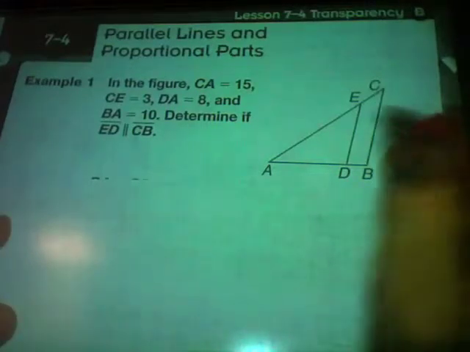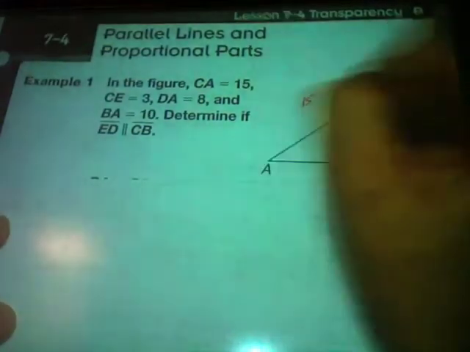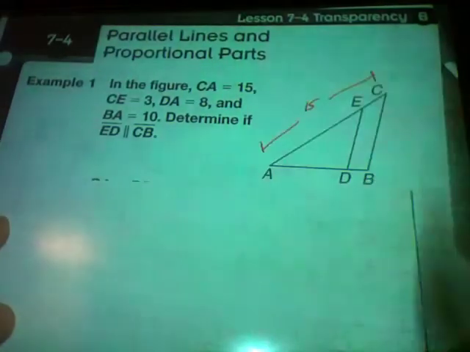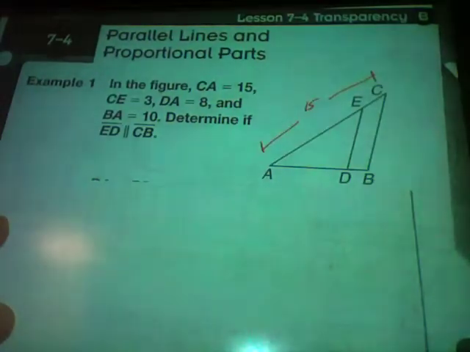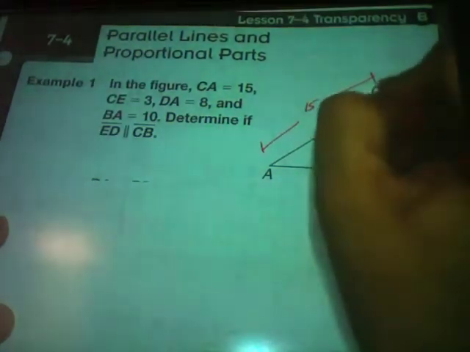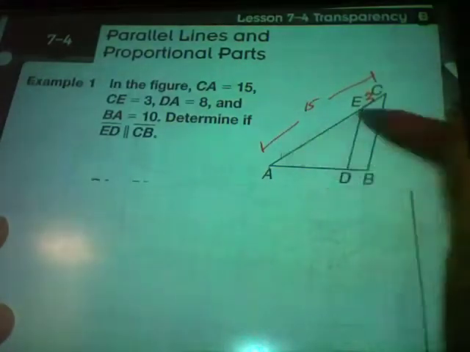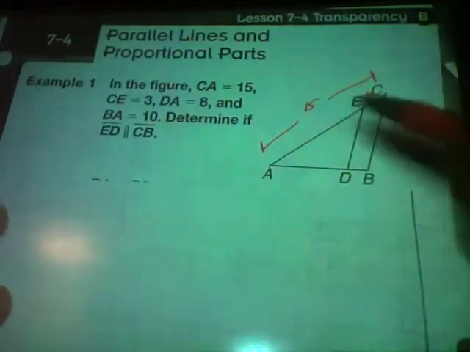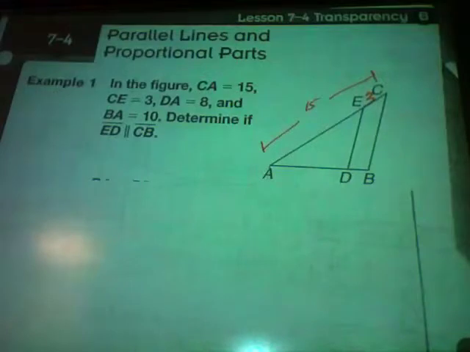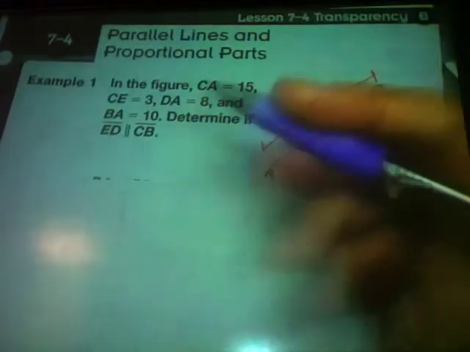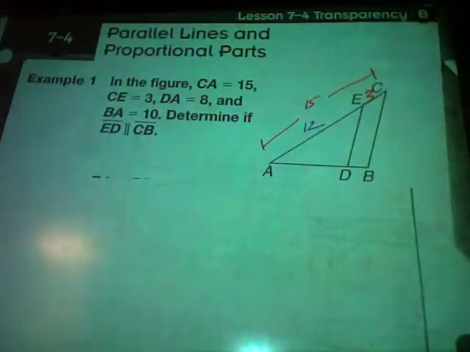So CA is 15, so that's from here all the way to here. CE is 3. Don't we immediately know what AE is? What's AE? 12. So we subtracted that out, right? So I immediately can conclude that that's 12.